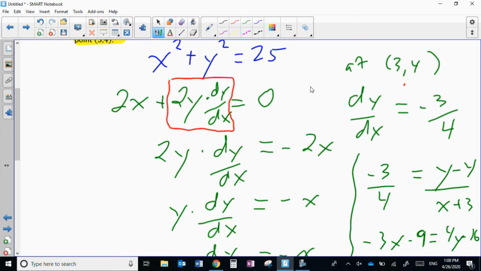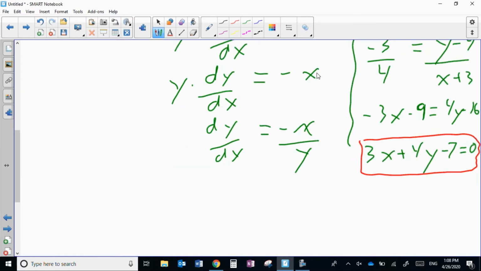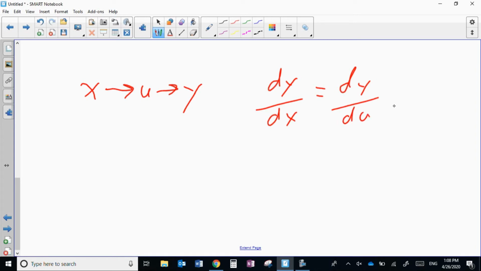Remember that when we looked at the chain rule, we talked about the idea that if x was input to u and u was input to y, then dy by dx is equal to dy by du times du by dx.